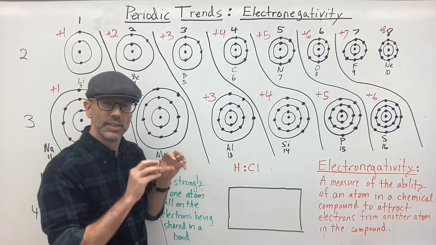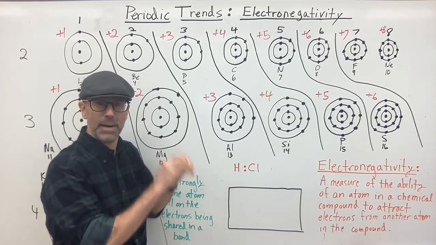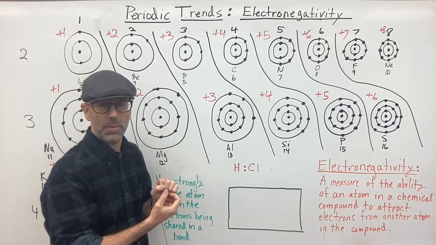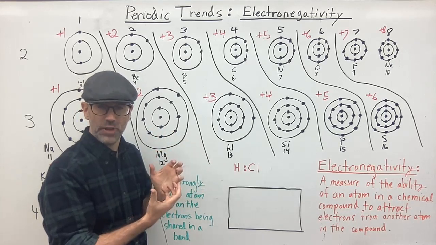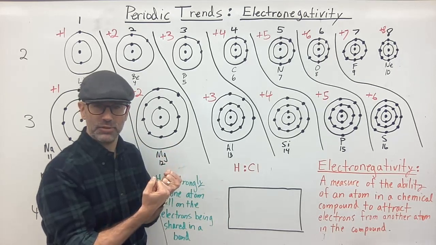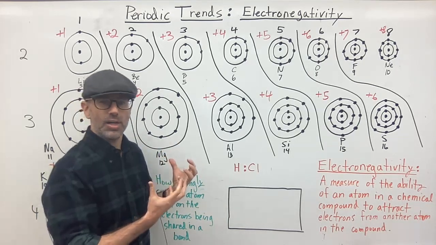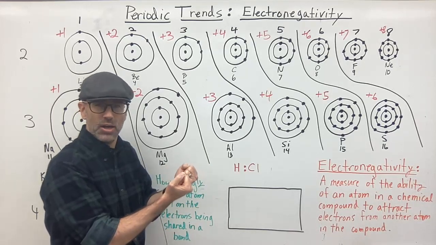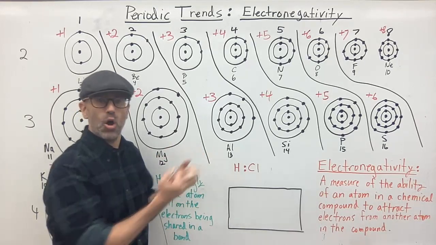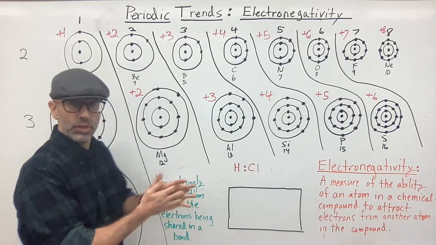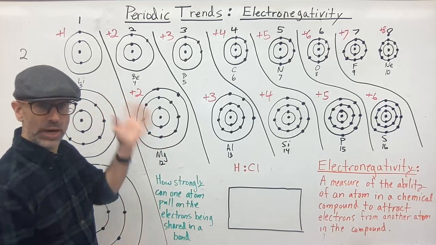So we're focused on the electrons in a bond, the electrons that are being shared between atoms in a molecule. Now that we understand what electronegativity is, that measure of how strongly that atom is going to be pulling on those electrons in a bond, we can look at our trends.